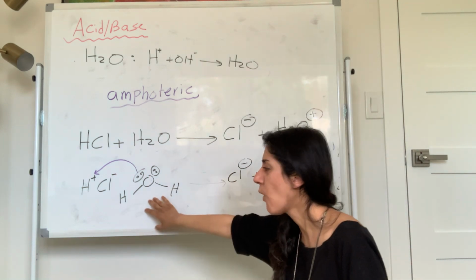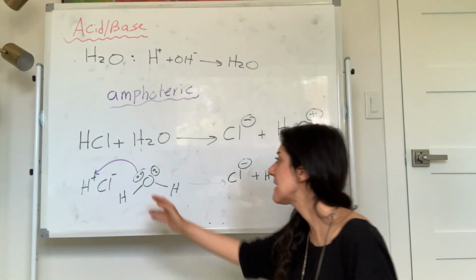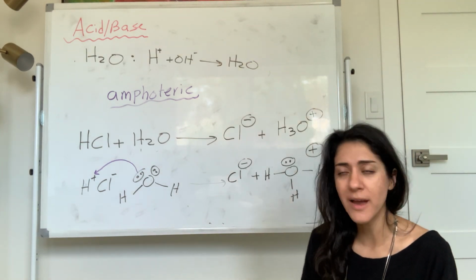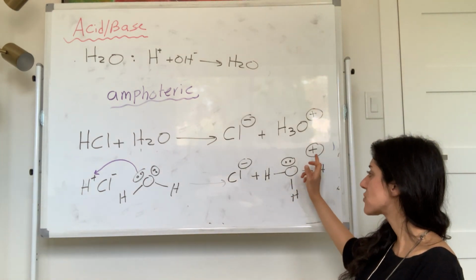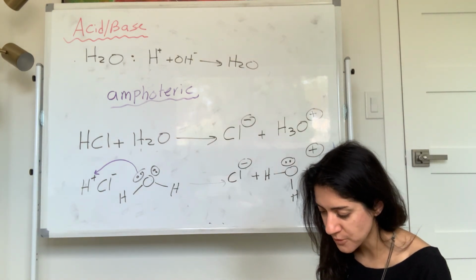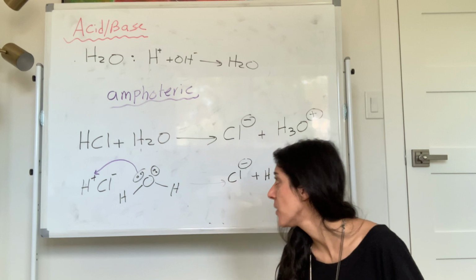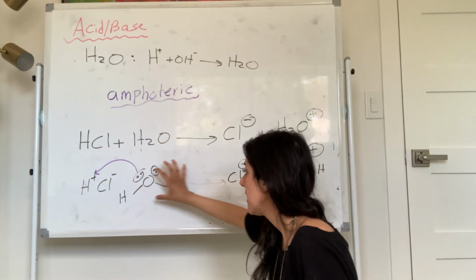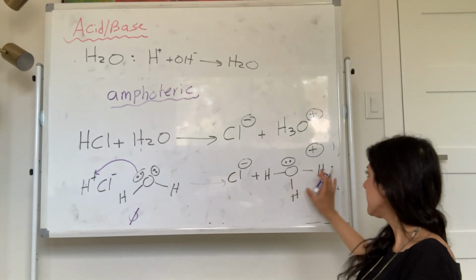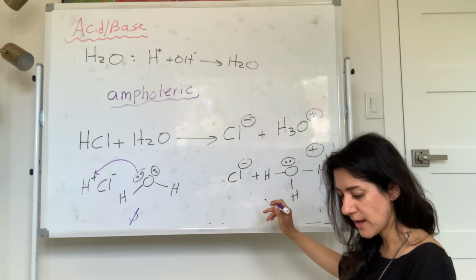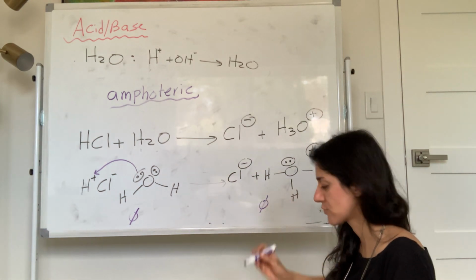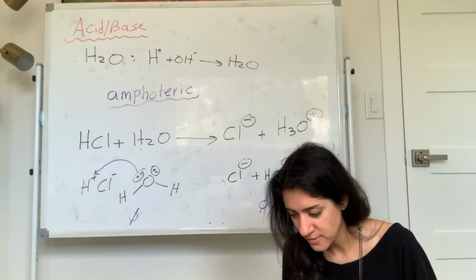Here, water is neutral, but it gave up the lone pair to bond with hydrogen, to grab the hydrogen. So now it is electron deficient. I'm going to put a plus charge on there. So far so good. The other thing I want you to pay attention to is that on this side, the overall charge is neutral. And on this side, plus and minus cancel each other out, so the overall charge is also neutral. We're good so far? Okay.